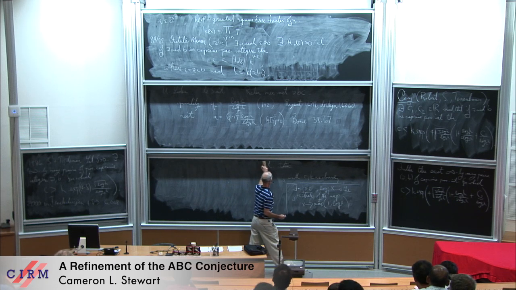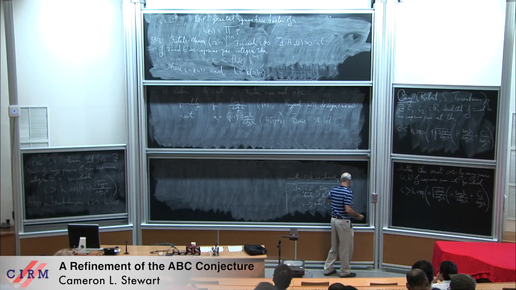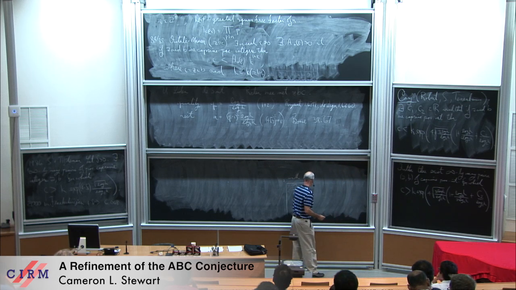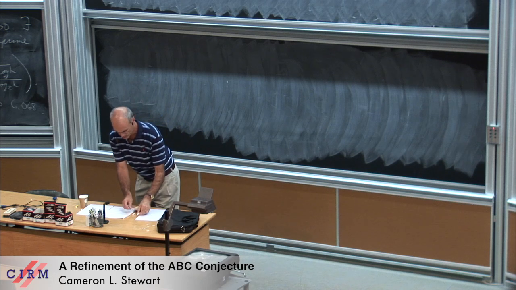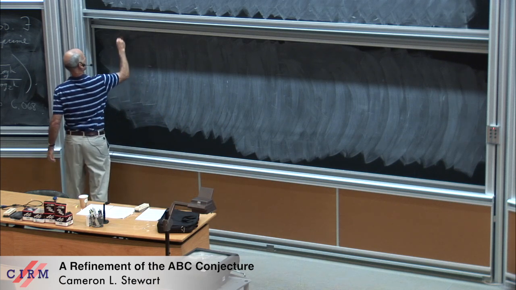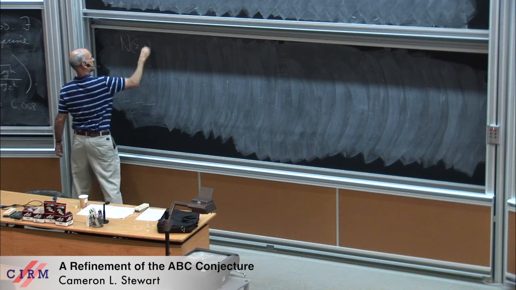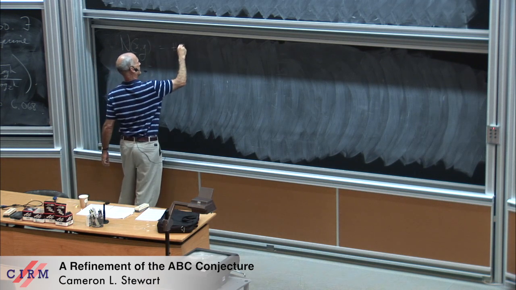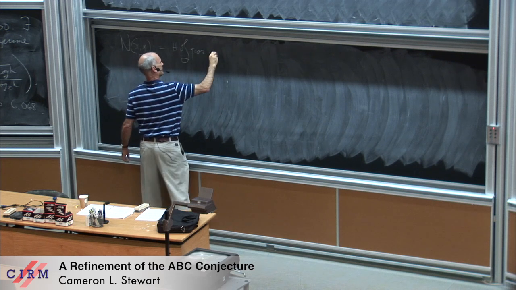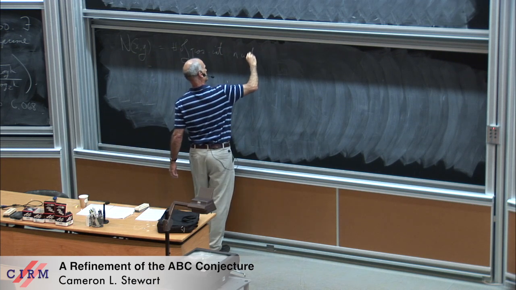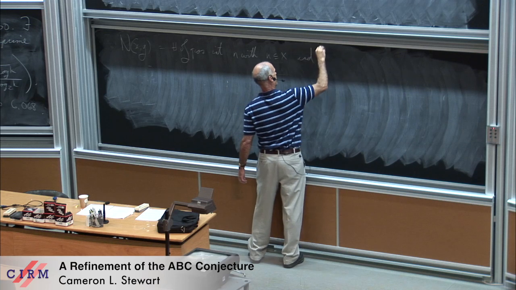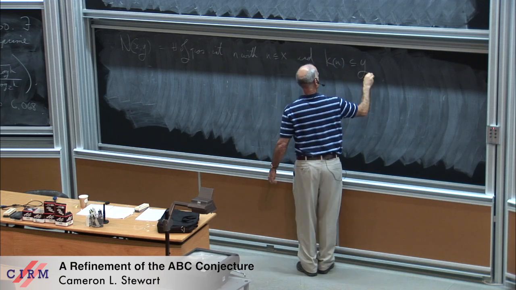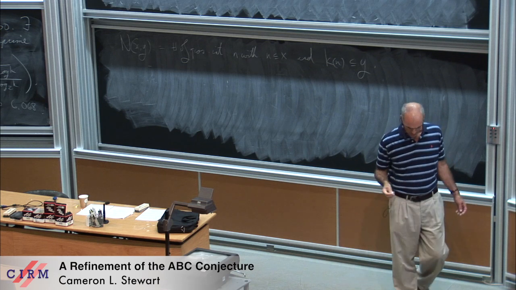And what we want to do, if we want to really examine that notion, we need to consider the function N(x,y), which counts the number of positive integers n with n less than or equal to x and k of n less than or equal to y.